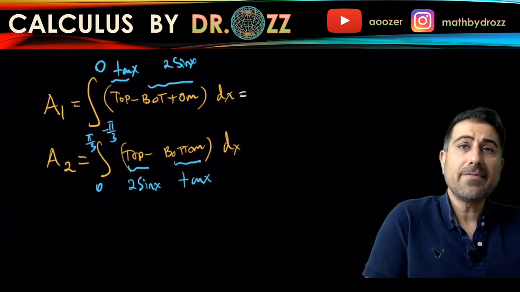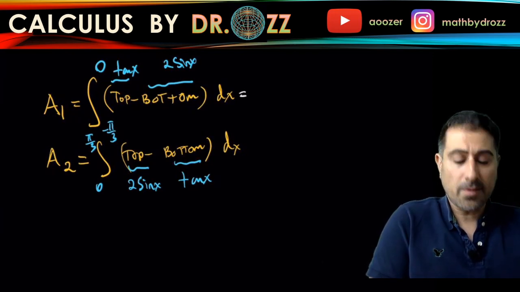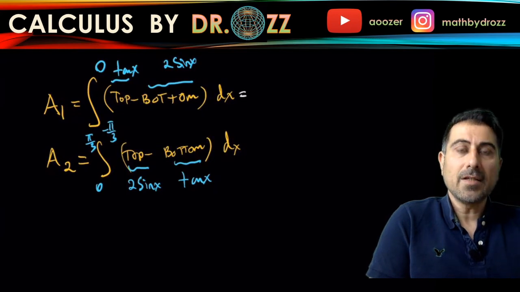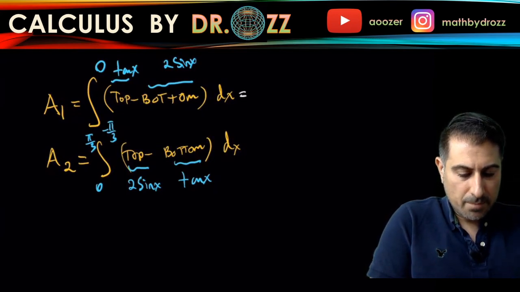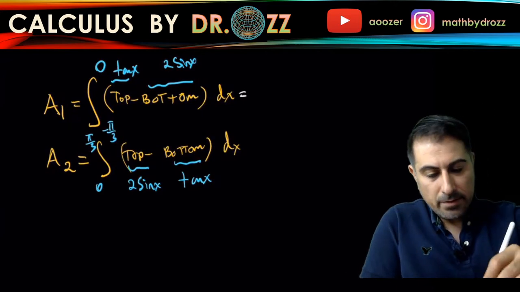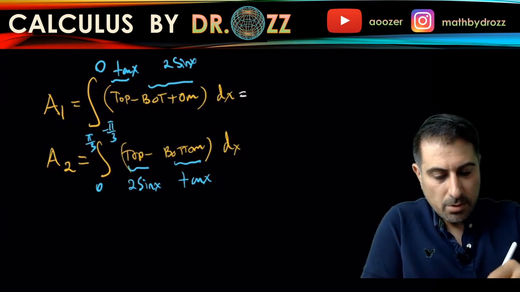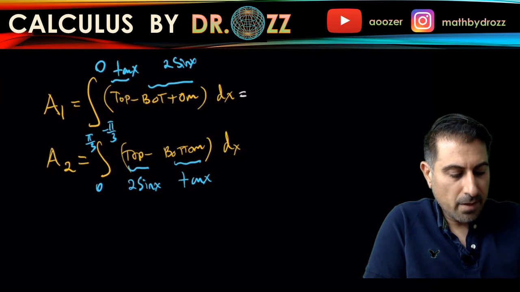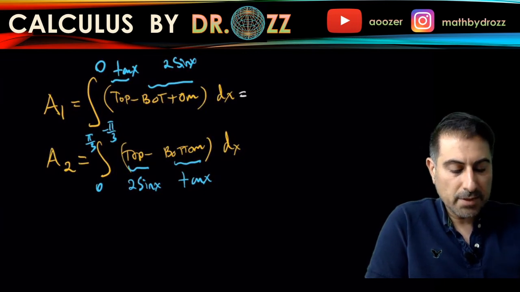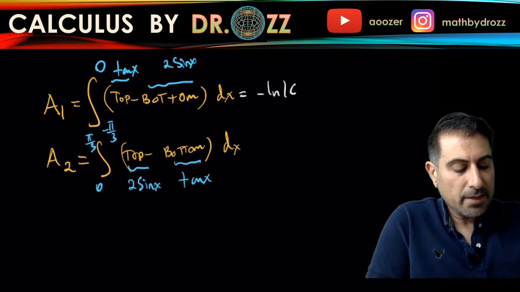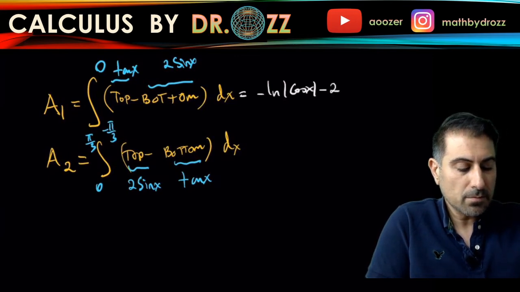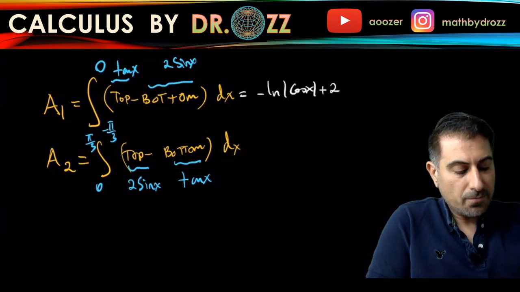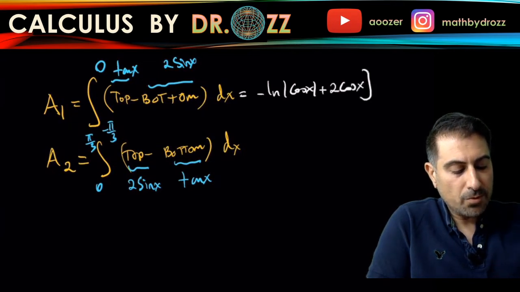Please have that ready with you. So tan is integrated as negative ln of the absolute value of cosine x. And 2 sine x is integrated as negative 2 cosine x, so that makes it plus. From negative pi over 3 to 0.